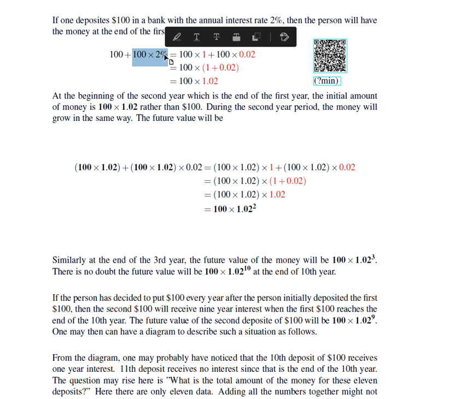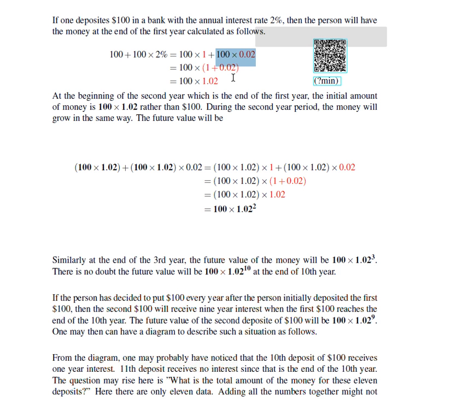At the end of the year, you should get $2 interest, because the annual interest rate is 2%, so per $100 you have $2 interest. So it's 100 times 2%. 2% is 0.02. So 100 times 0.02 will give you 2.